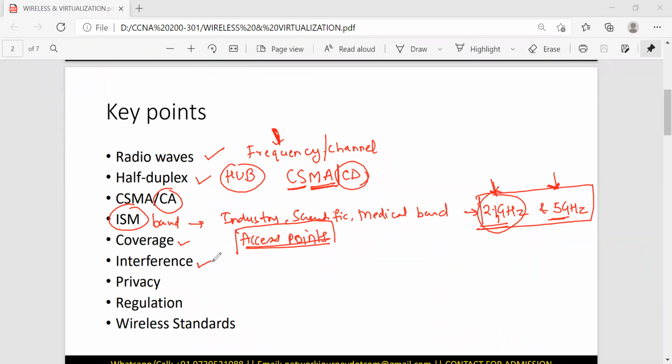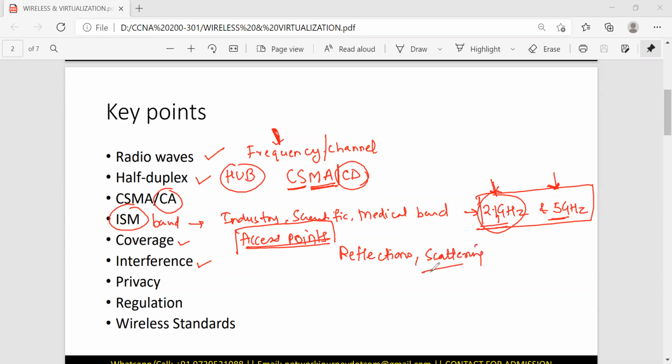Second is the interference. It's obvious that you are going to have a lot of objects around which affect wireless signals. When they travel, they will face a lot of issues related to reflections, scattering, and absorption. Reflections means the signals get bounced from different materials, especially metals, which are good reflectors. Scattering is also possible.